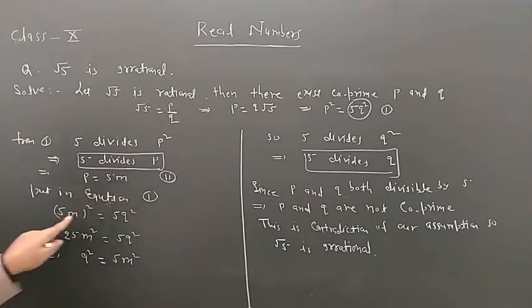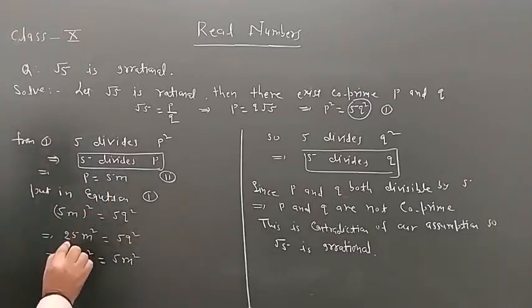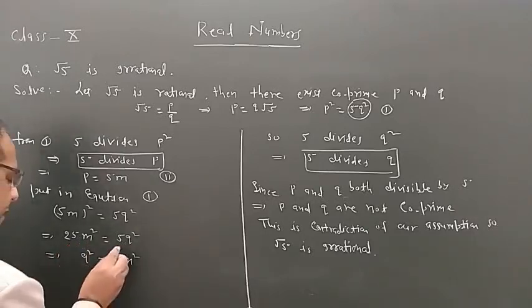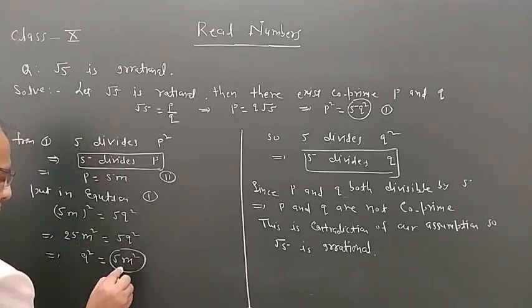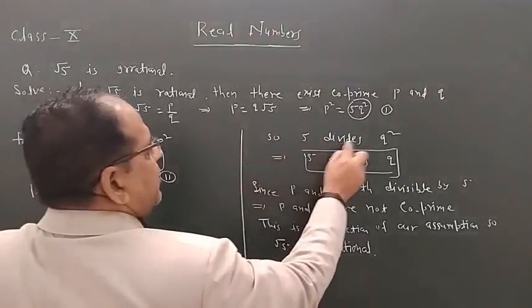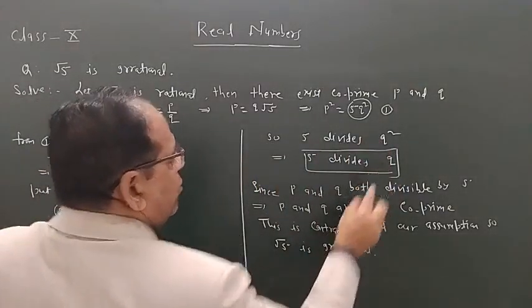Put in the equation: (5m) square equal to 5q square. Breaking the square, we have 25m square equal to 5q square, so q square equal to 5m square. This shows that again 5m square is a multiple of 5, so q square is also a multiple of 5. So 5 divides q square, 5 divides q.